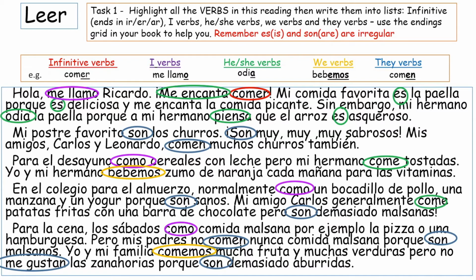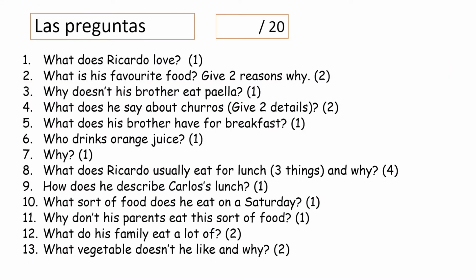Now task 2, we're using the same text, and what I want you to do is to answer the questions in English, okay? So either write the answers out in your book, you don't need to write out the questions as well, or if you've printed the sheet, you can write them on, or if you're typing onto the sheet, type your answers on, okay? So pause the video, and if you've got the sheet in front of you, that's easy enough to keep going.